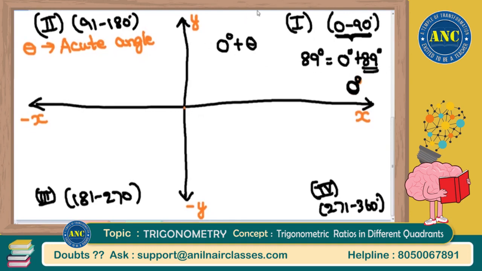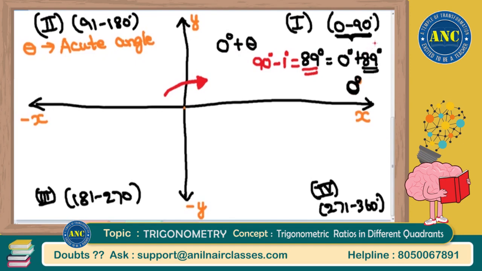Or it is also equivalent to saying, from 90 degrees, I will subtract this acute angle 1 degree so that I will get 89 degrees. From 90 degrees I will subtract 1. That means I went on to the second quadrant. I am jumping back to the first quadrant by eliminating some angle, which is 1 degree in this example.